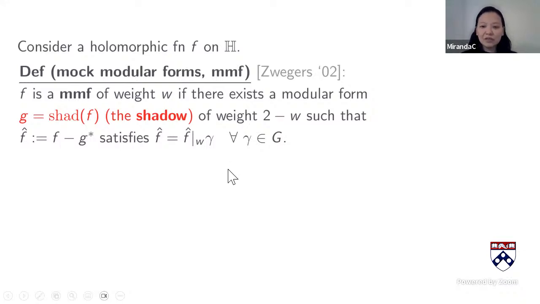So how do you see from this definition that the Mock modular form itself has nice quantum modular properties? Well, the way you could see that is from the fact that f hat transforms nicely. The h of gamma, this measure of lack of modularity of f, is the same as the lack of modularity of the non-holomorphic Eichler integral.